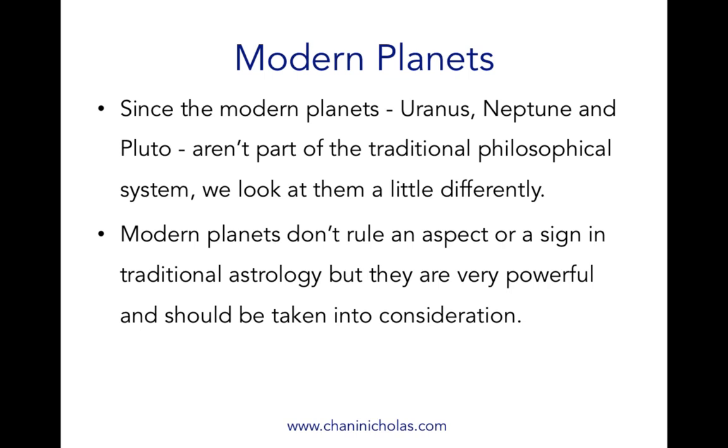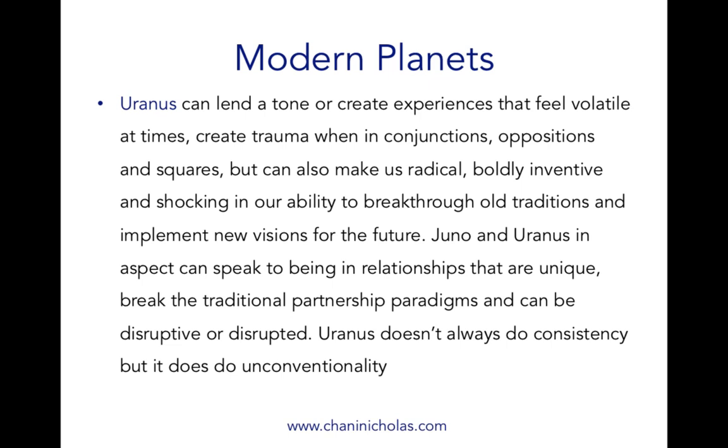Okay, so modern planets. Since the modern planets, Uranus, Neptune, Pluto, aren't part of the traditional philosophical system, we look at them a little differently, like I've said. Modern planets don't rule an aspect or a sign in traditional astrology, but they are very powerful and should be taken into consideration.